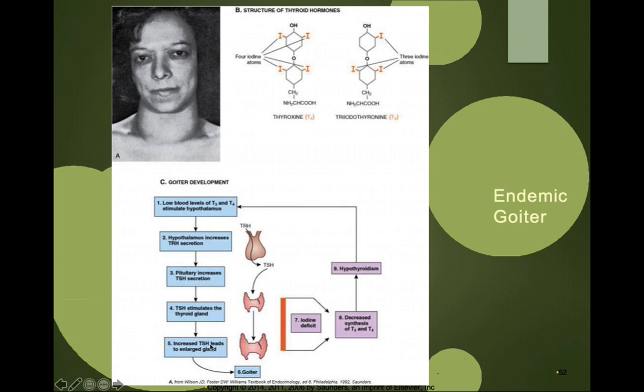Increased TSH leads to constant hypertrophy and increase in size, creating a goiter. This is what it looks like. I always have my patients extend their head up and back to see if it brings out that fullness of the throat.